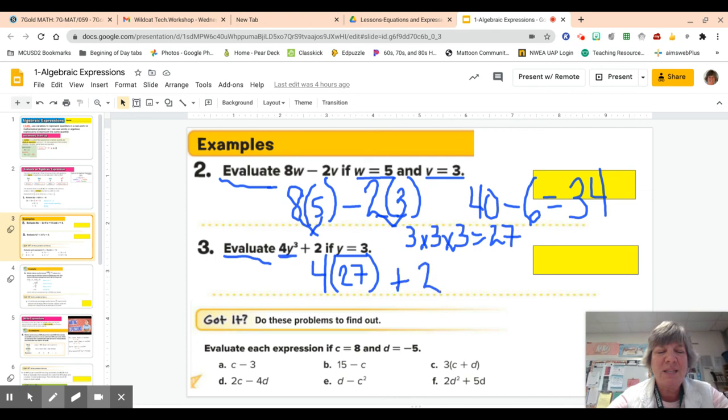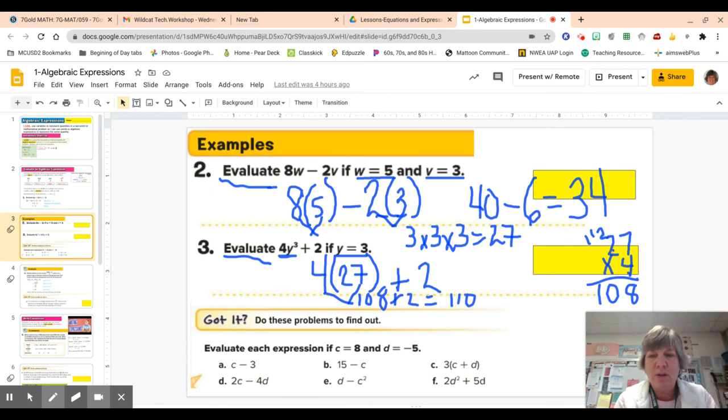Plus 2. I must make sure that I follow the correct order of operations. I must do my multiplies here. 27 times 4, 28, carry 2. 2 times 4 is 8, 9, 10. And so this is 108 plus 2 equals 110.